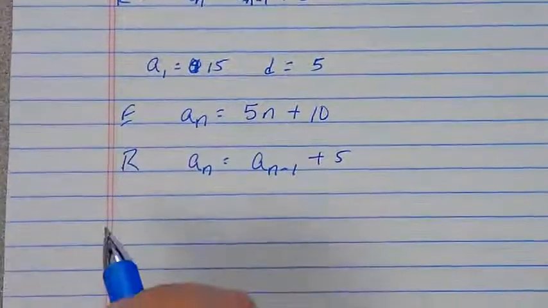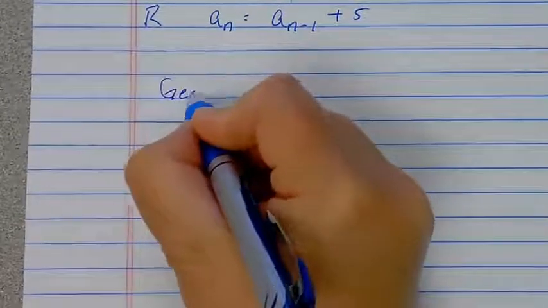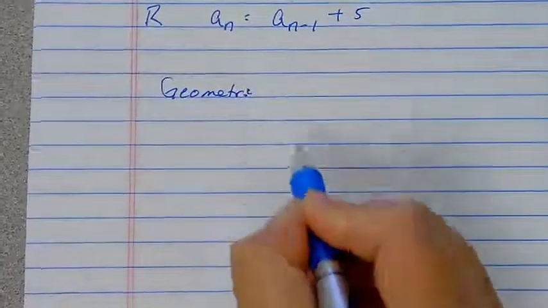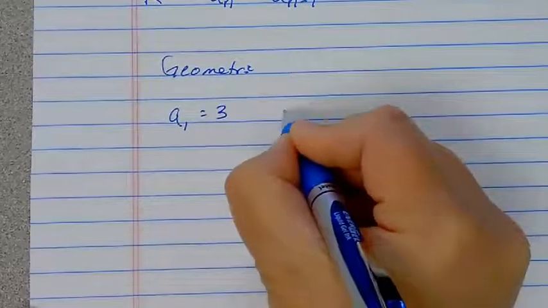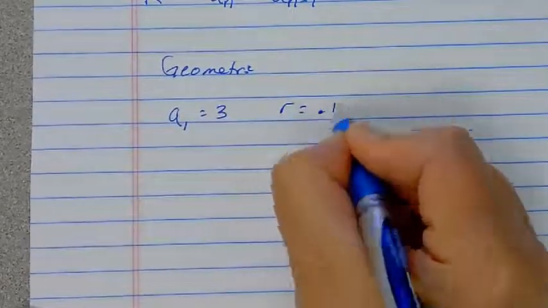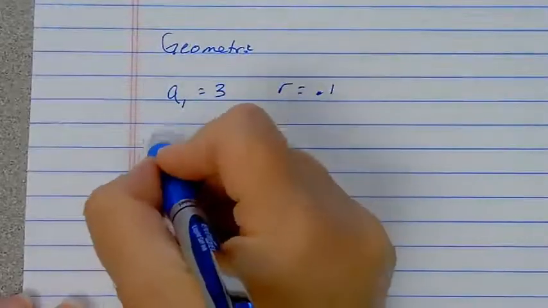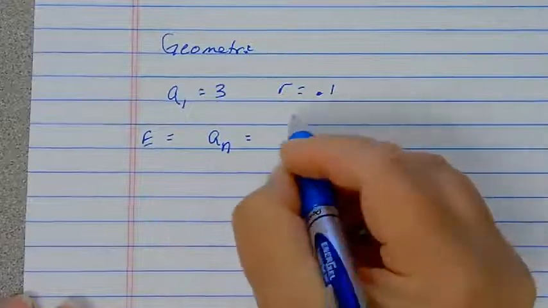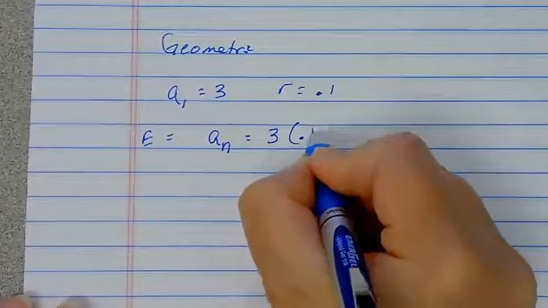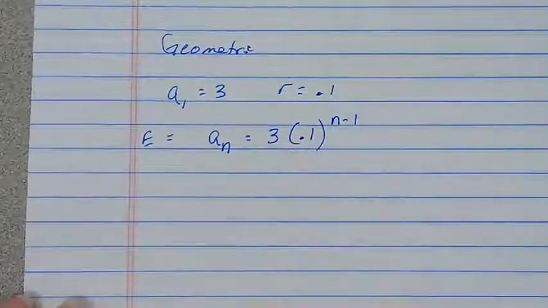All right, the next one, let's talk about a geometric sequence. So I have term 1 is 3, and the rate is 0.1. For the explicit rule, to find any term, I'm going to have term 1 times the rate to the n minus 1 power.